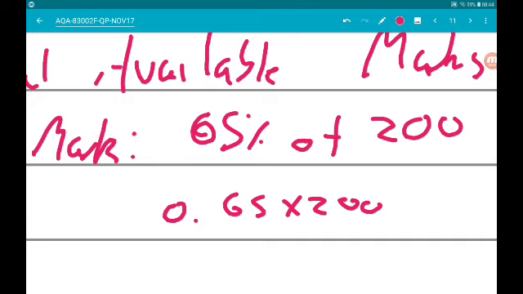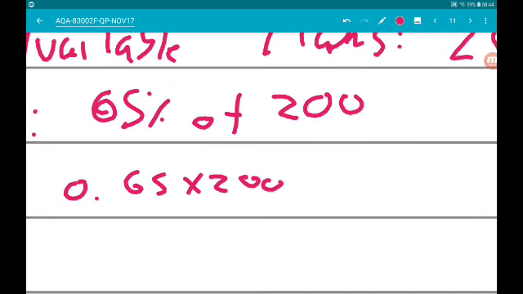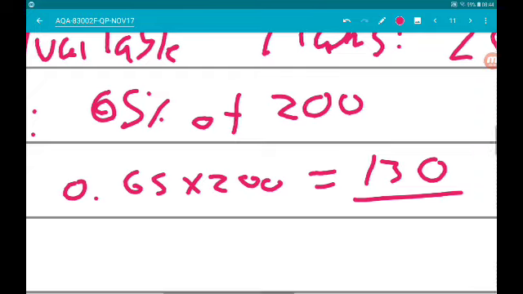There is also a percentage button on your left bracket, so if you put in 6.5, press shift and then the left bracket, you've now got 65%. You then times that by 200. Now that's going to give us 130. So we need to get 130 to pass.